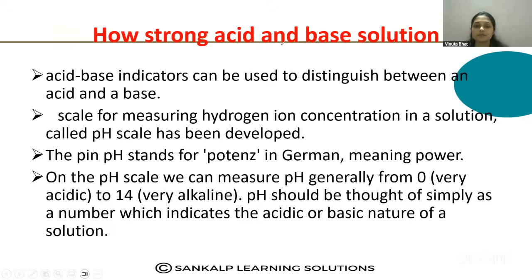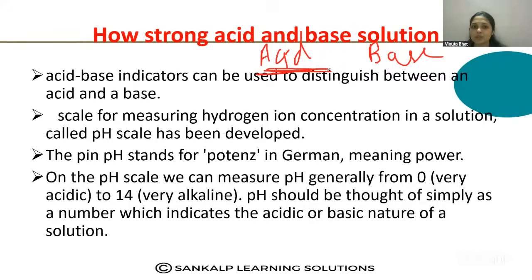So here, you know acid and base. So is this acid strong or weak? There are two types of acid, strong acid and weak acid. And for base, we can use the words strong base and weak base.